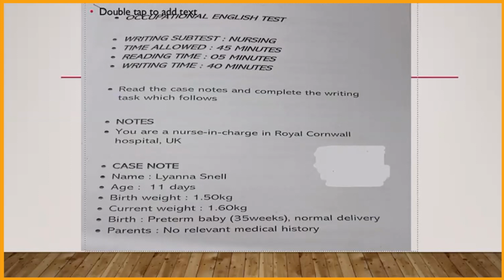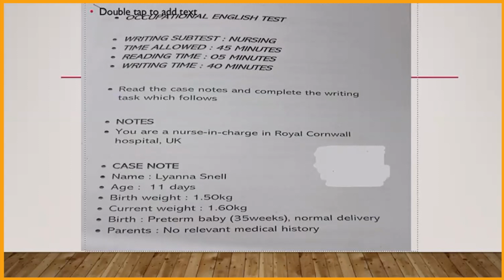Case note. Name Liana Snell, age 11 days, birth weight 1.5 kg, current weight 1.6 kg, birth preterm baby 35 weeks, normal delivery, parents no relevant medical history.